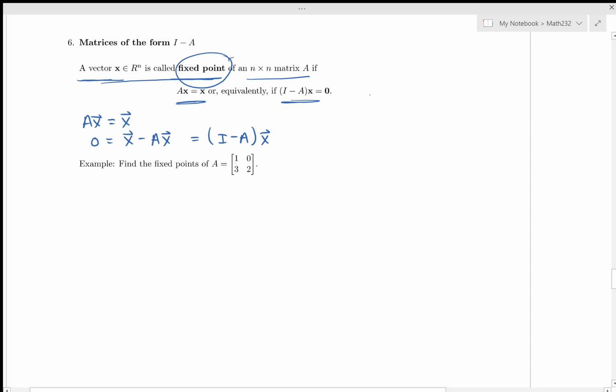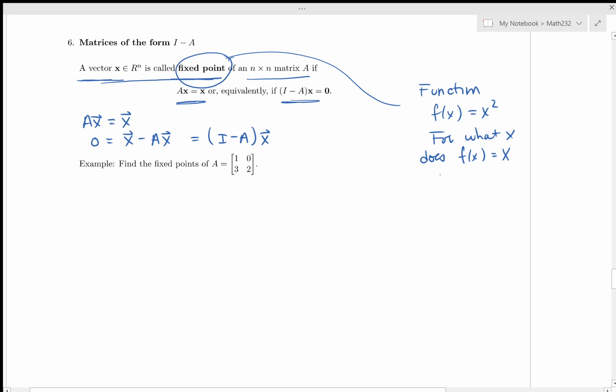Let us get an example here. Let us consider the function, this is now in the function world, there are fixed points there as well. If we have a function like f of x equals x squared, we could ask for what x does f of x equal x.